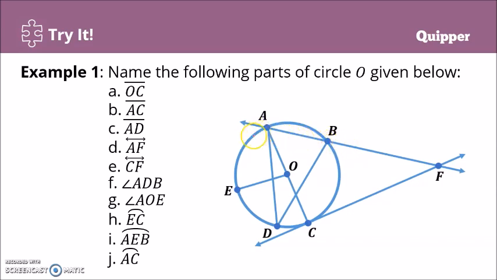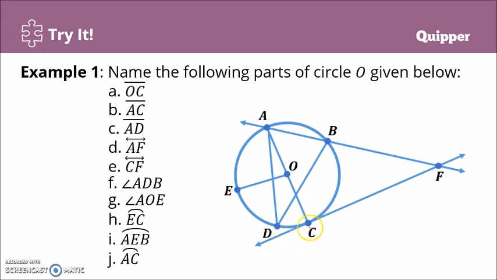Okay, secant. Next, we have letter E, line CF. This line intersects the circle at only one point on the circle. So, this line is called a tangent.